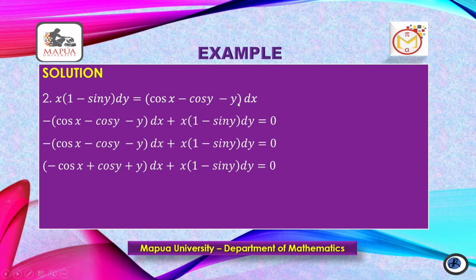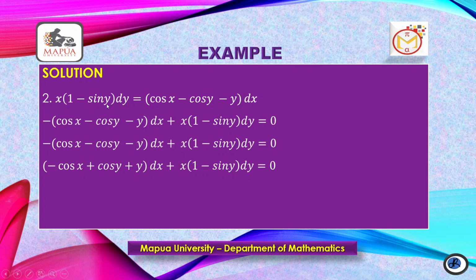We can transpose the quantity cosine x minus cosine y minus y dx to the left side, so it becomes negative. And then we multiply by negative here. So this is now negative cosine x plus cosine y plus y dx, and plus x times the quantity 1 minus sine y dy equal to 0.